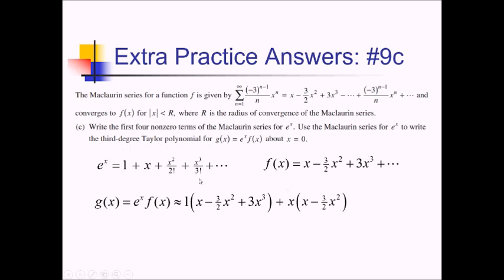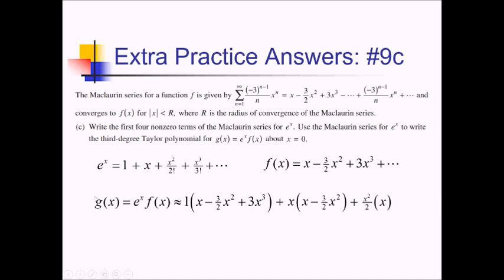And now for the last piece, I have x squared over 2 factorial to multiply by some things. But the only thing I need to multiply that by is this x here, because multiplying it by anything higher than that is going to give me something higher than third degree. So I've just got x squared over 2 factorial times x. Let me multiply these out now.